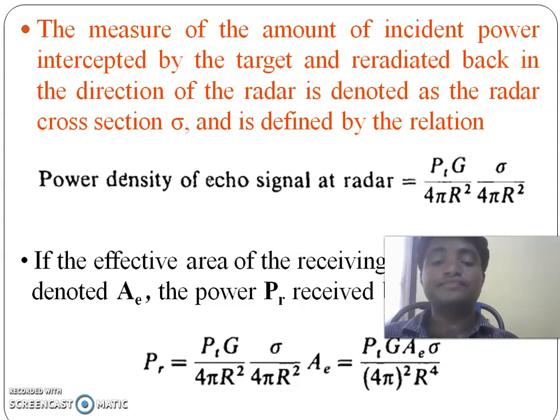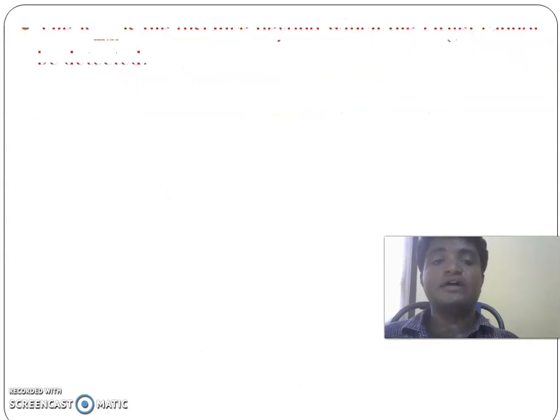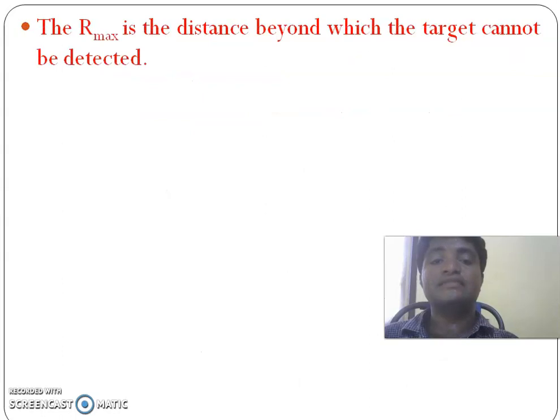And then we have to define one important parameter, Rmax. Rmax is the maximum distance that can be measured by the radar between the radar and the target, and Rmax is the distance beyond which target cannot be detected.